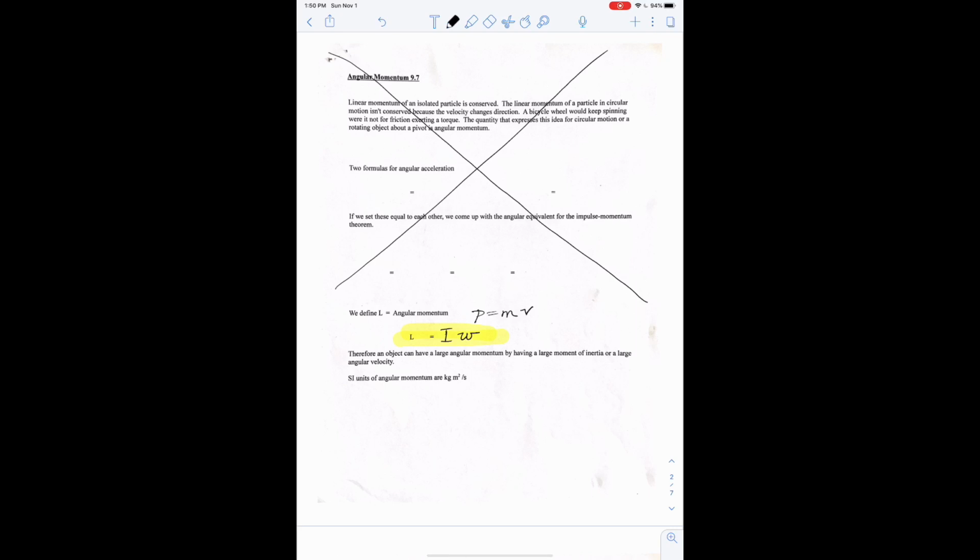The units on I, I always remember that because I think of a point mass. The moment of inertia for a point mass is mr squared. And if that's the case, then we know our units on I are going to be kg times meters squared for the r squared.